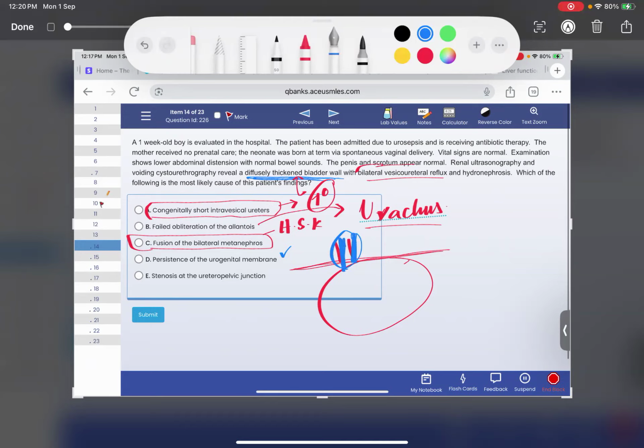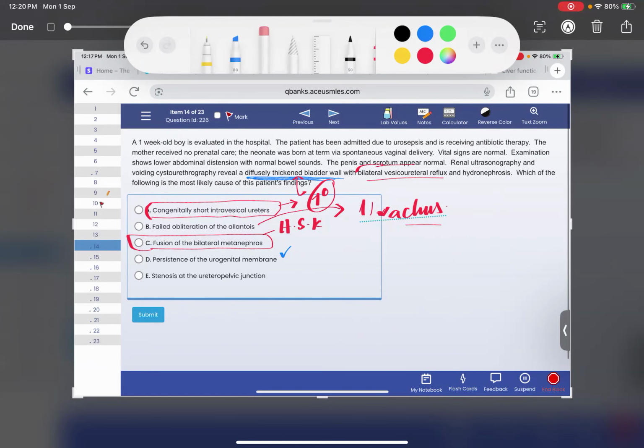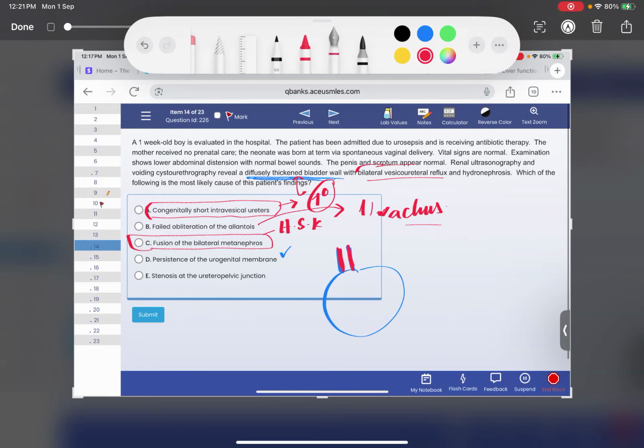Should I explain it? Sorry, I'm just going very superficially. So we have short ureters, right? So we have a problem in the ureter. It was present in the previous question, okay? So in the stem we have a diffusely thickened bladder wall.